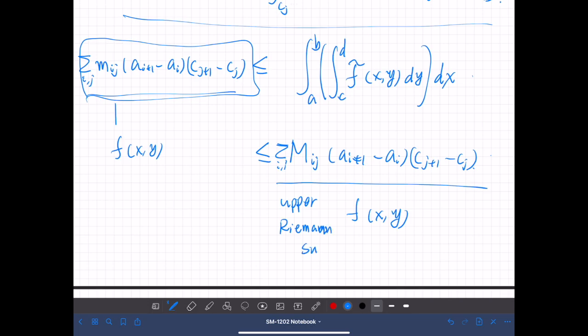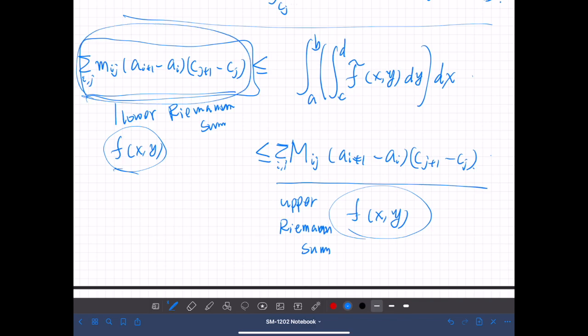And we know that this function f of x, y is integrable. As we refine the partition, this term and this term converge to the same value. That is the double integral of f of x, y on the region D.